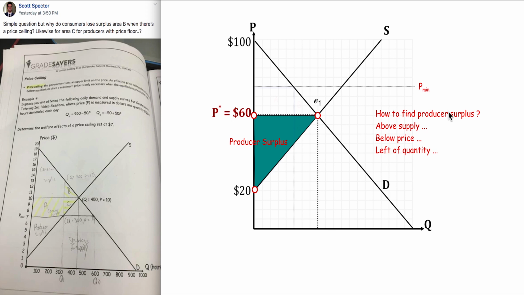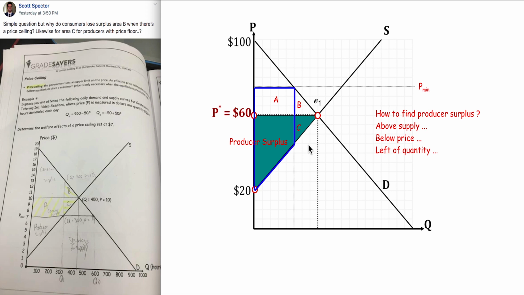If I were to follow this GPS once again, but using this new equilibrium given the minimum price, the new producer surplus would be this trapezoid. So again, notice that I'm staying above the supply, I'm staying on the left of the quantity, and I'm staying below the price. So once again, we can label some areas. I can call that box area A, this little triangle area B, and this other triangle area C.